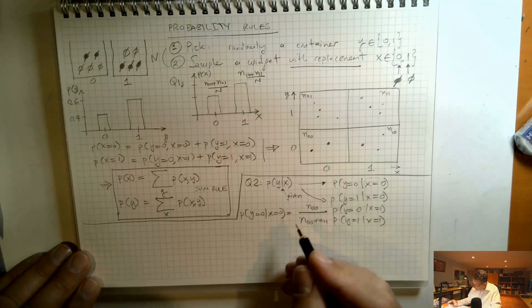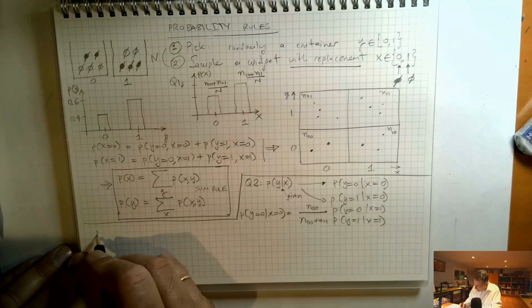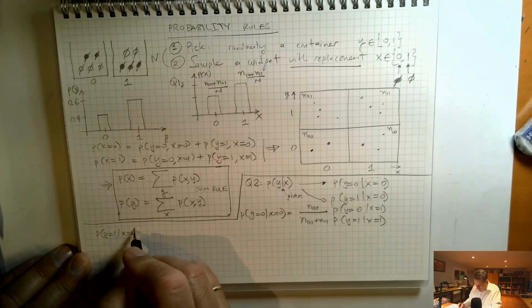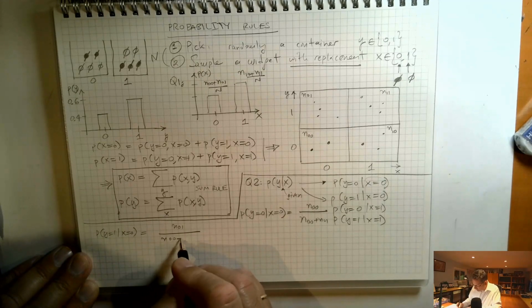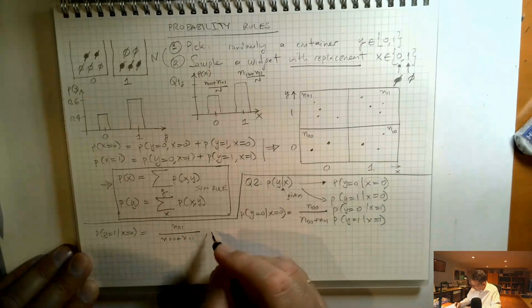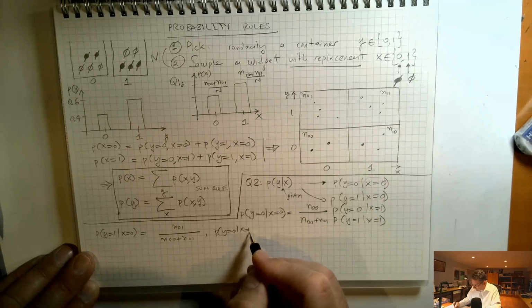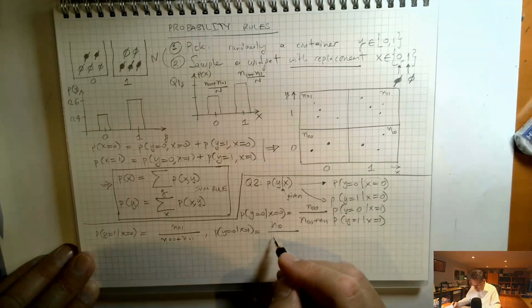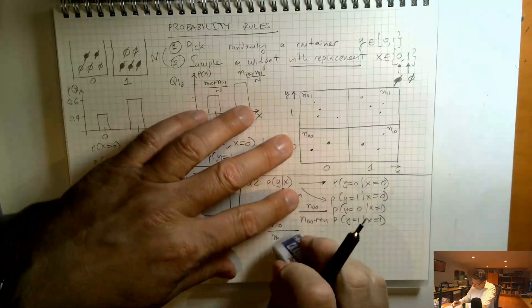Similarly, with similar considerations, you will do the others. Let me write them down quickly. P of Y is equal to 0 given X is equal to 1 is N10 over N10 plus N11.